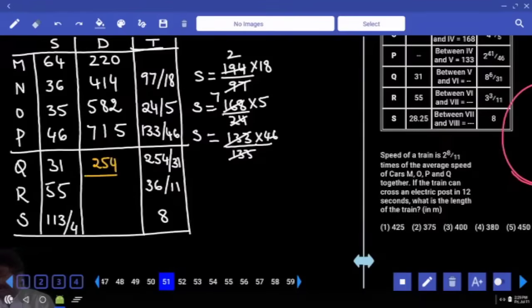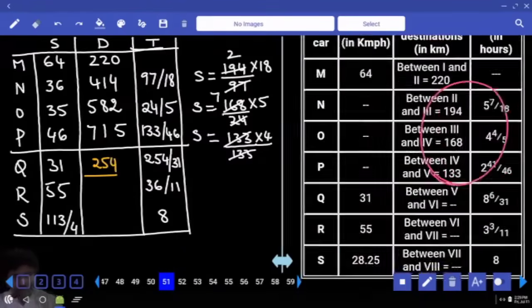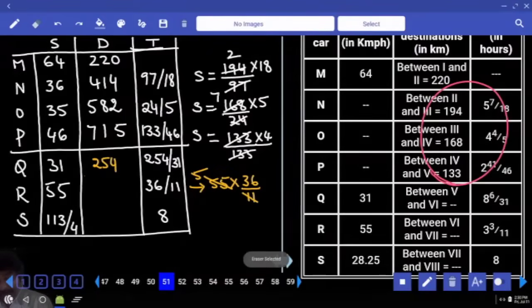It is distance for only Q. Q is 5 to 6. Next here, distance is 55 into 36 by 11, 5 times, which is 180.